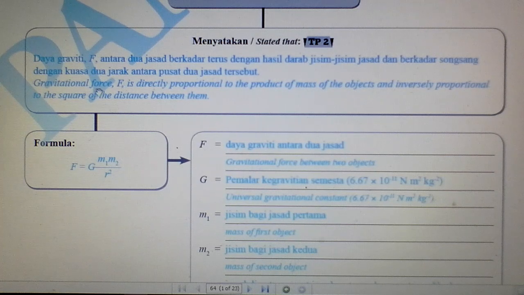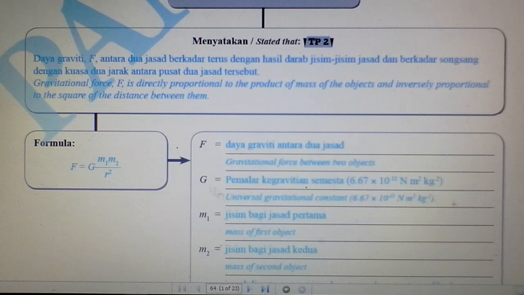Gravitational force F is directly proportional to the product of the masses of the objects and inversely proportional to the square of the distance between them. And we get this formula, F equals G m1 m2 divided by r squared. F is the gravitational force between the objects.